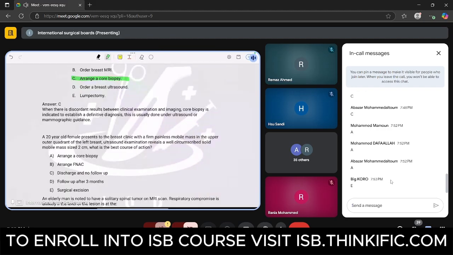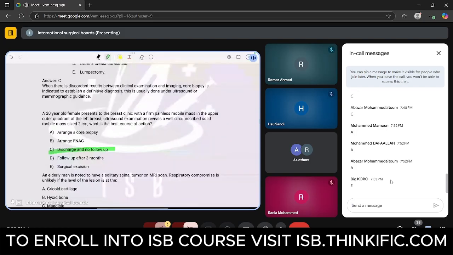Core biopsy, as I told you, in PubMed, is the correct way of management, but that's not in line with NICE guidelines. So just to pass the exam, we will go with option C, which may seem weird to a lot of people. Even for me, when I first read the guideline, it was weird, but that's what it is, okay?